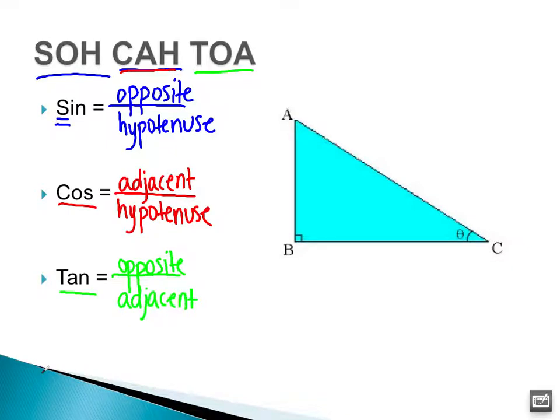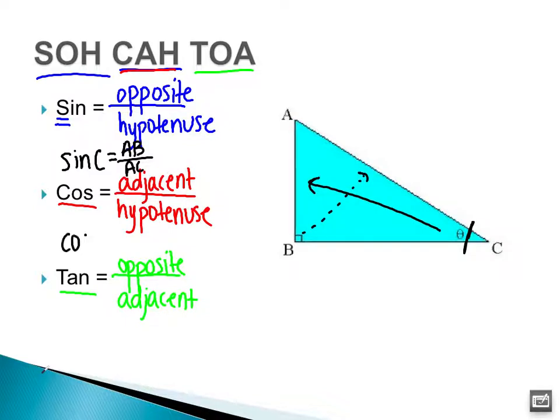Okay, so looking at our triangle here, let's say we're looking at angle C. We would say the sine of angle C is equal to opposite of C, which is this side AB. So it's AB over the hypotenuse, the side across from the right angle, which is AC.